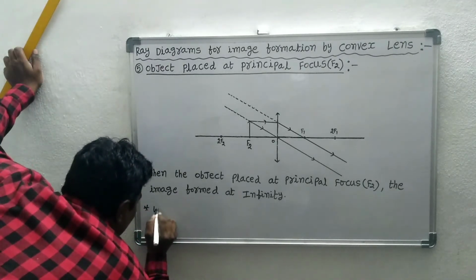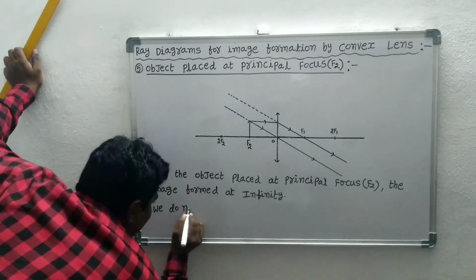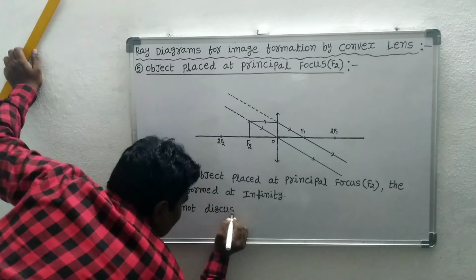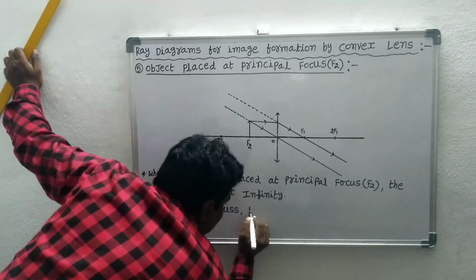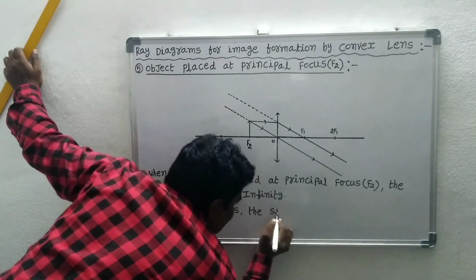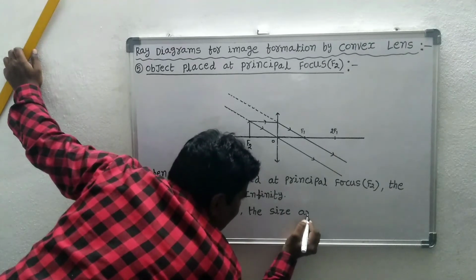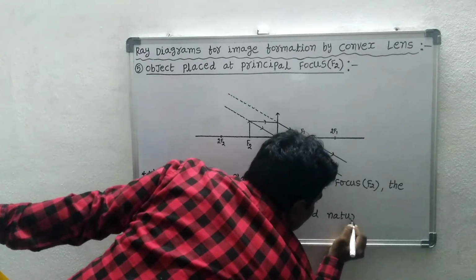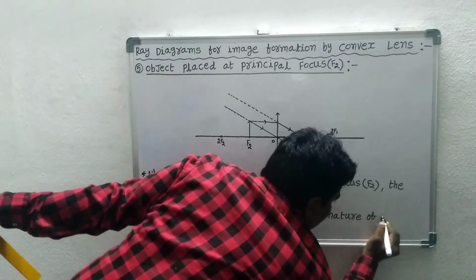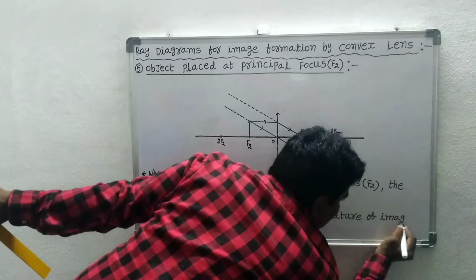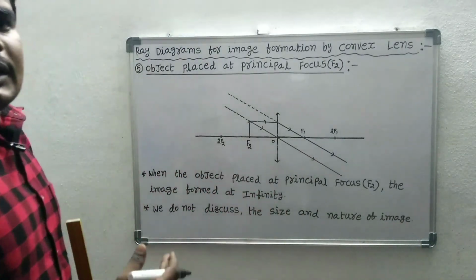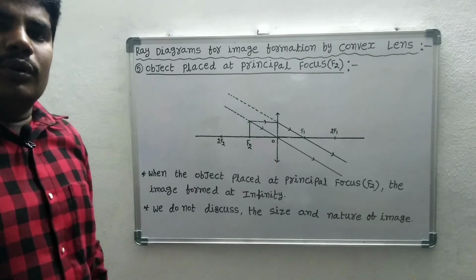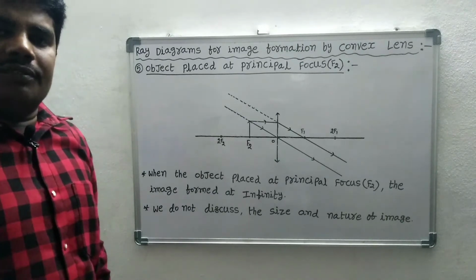Here we do not discuss the size and nature of the image, because that image is formed at infinity. So we don't know the size and nature of that image.